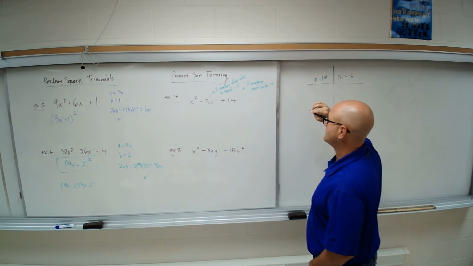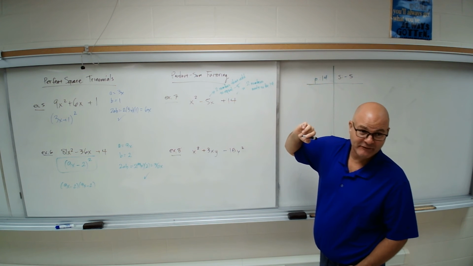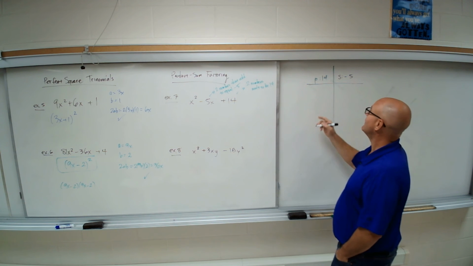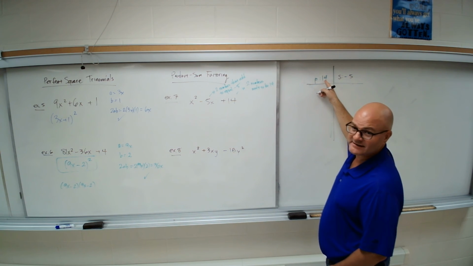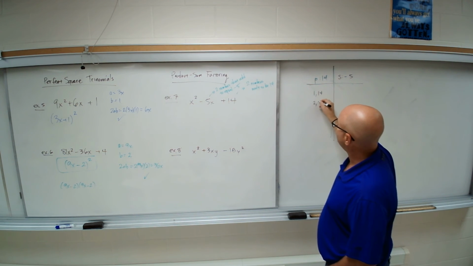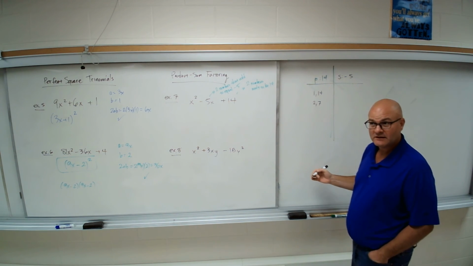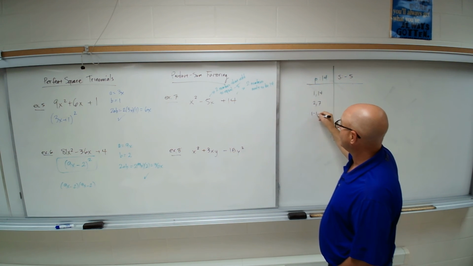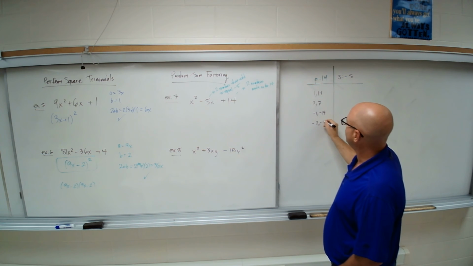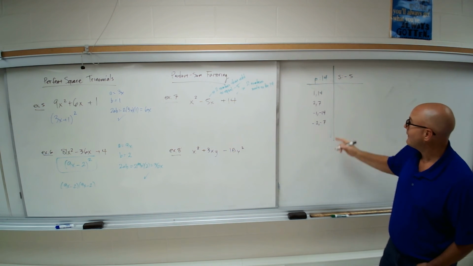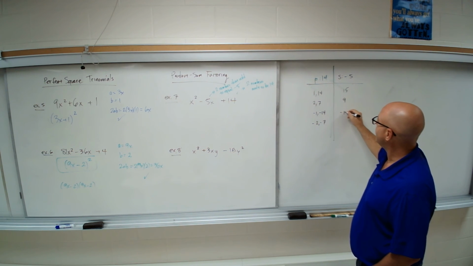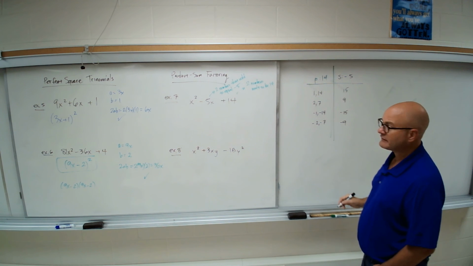Now here, I did one that's not factorable because I'm a dope, right? So this is what happens if it doesn't factor. If I look at all the different products that multiply to be 14, you could do 1 times 14, or you could do 2 times 7, or you could do -1 times -14, or you could do -2 times -7. Now if you look at what these add to be, this is 15, this is 9, this is -15, and this is -9.